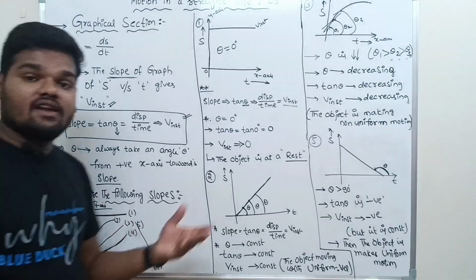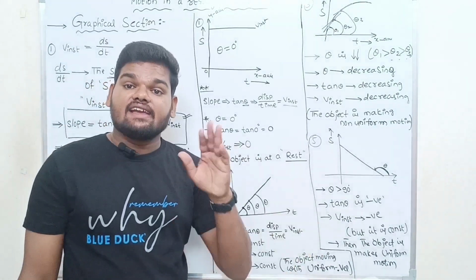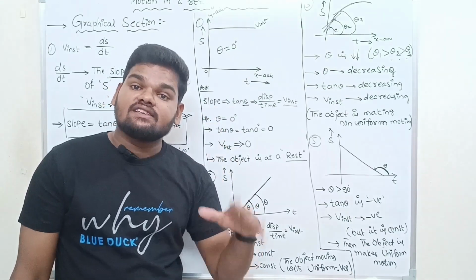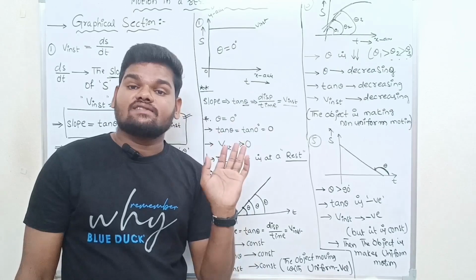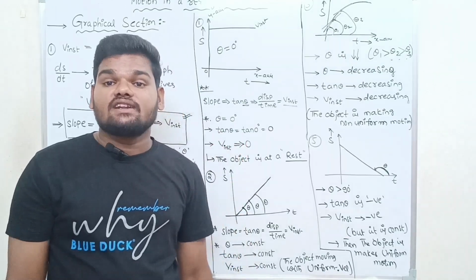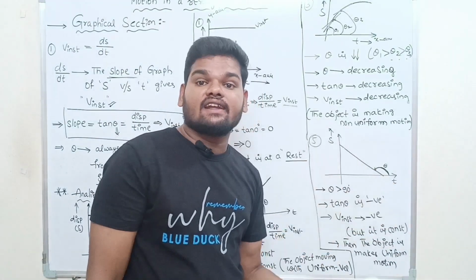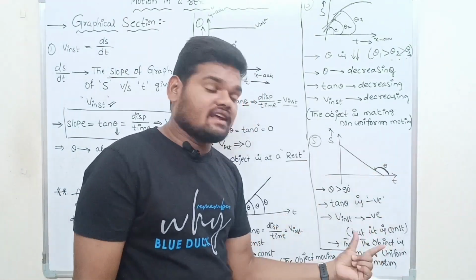In the fourth graph, angle theta increases with respect to time, then instantaneous velocity increases. If the instantaneous velocity increases, then the object is making non-uniform motion. In the fifth one, theta is greater than 90 degrees.